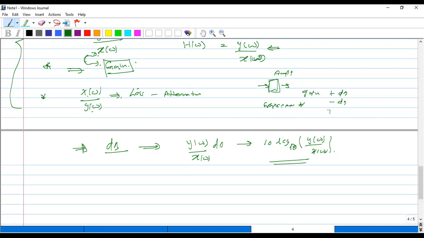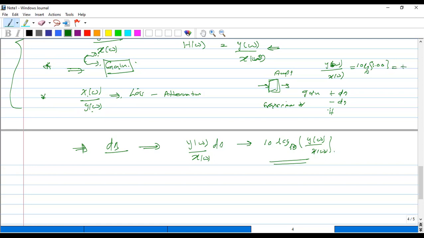It should be positive, because for an amplifier the output power should be high, and the input power is low. So you will get a value like 1 point something. The value is definitely greater than 1, so if you take 10 log 10, you will have a plus value.